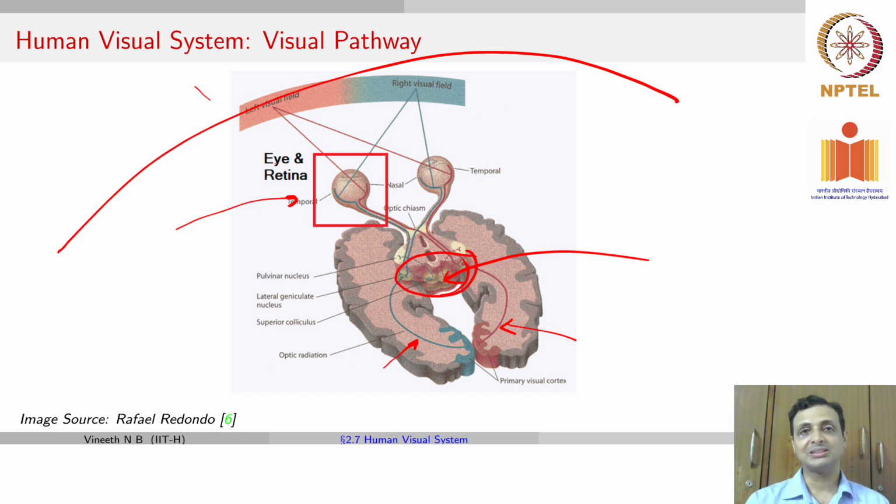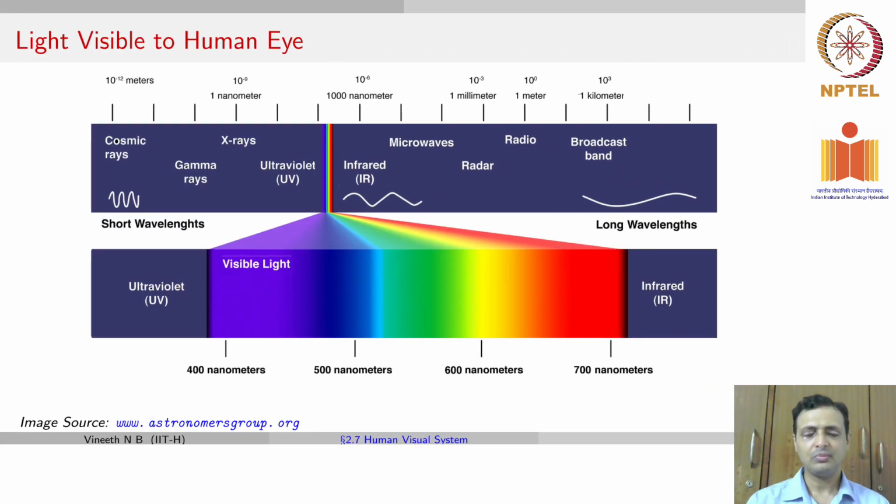And the superior colliculus is what is responsible for feedback to moving the eye. So the superior colliculus is what perhaps tells you to move your eyeballs to see something, to get a better understanding, so on and so forth, while the visual cortex is what gives us understanding and perception of the scene around us itself. Let's see this in a bit more detail.